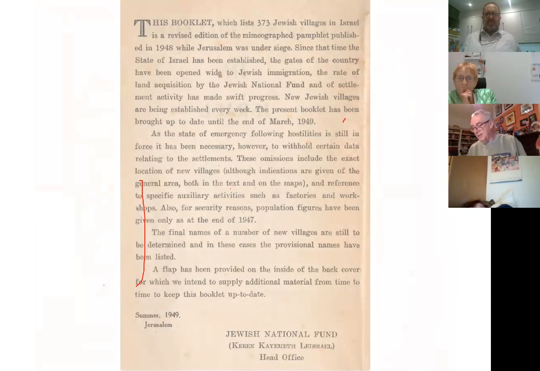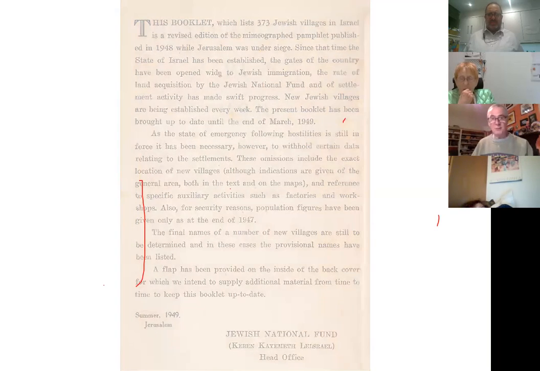And it says, and I'm going to read just a bit of this: as the state of emergency following hostilities is still in force, it has been necessary to withhold certain data relating to the settlements. These omissions include the exact location of new villages, although indications are given of the general area, and the final names of a number of new villages are still to be determined, and in these cases, provisional names have been listed. This is actually the state of Israel evolving in front of our eyes.